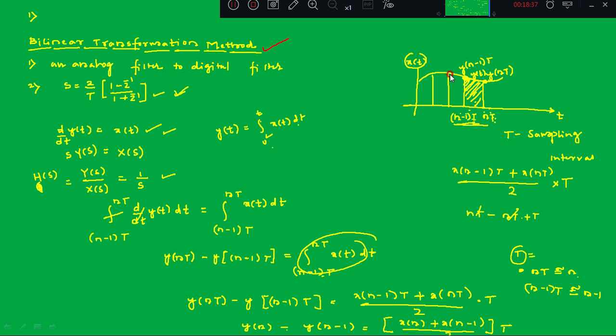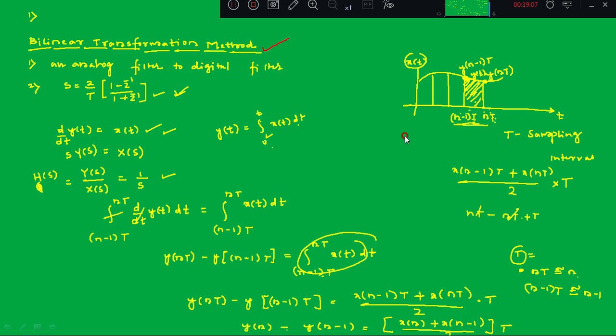So if I sample this signal over this T, I want to find the area between these two, and the area between these two is considered as y of t, right? And that is d by dt of y of t is equal to x of t. Understood? And by taking the Laplace transform, you will get s Y of s is equal to X of s, and then you will get Y of s divided by X of s is equal to 1 by s.